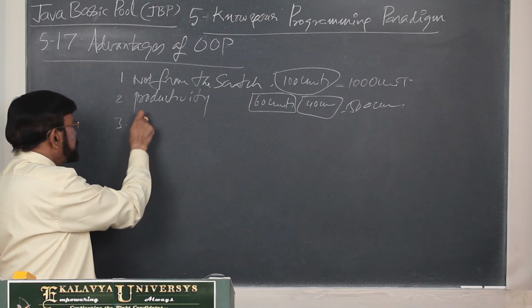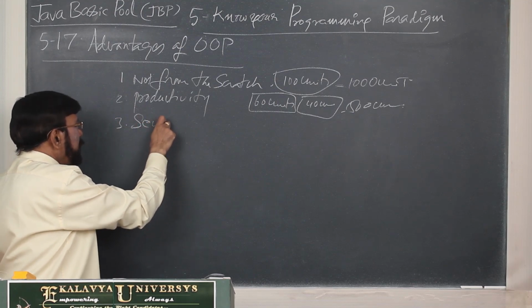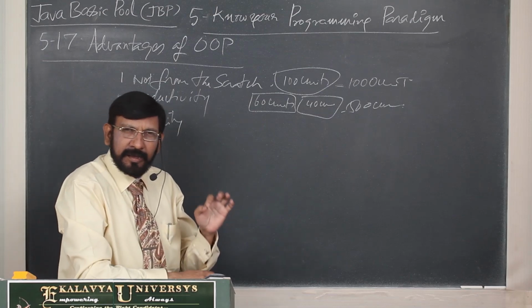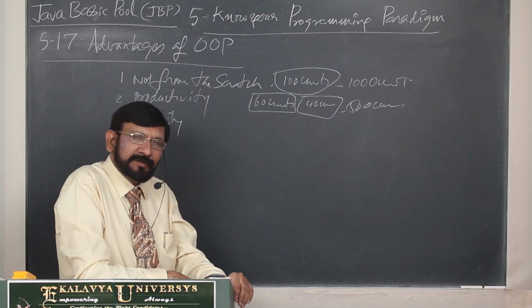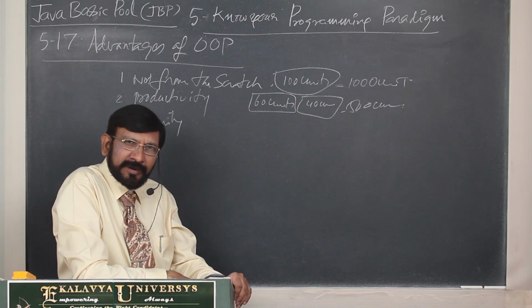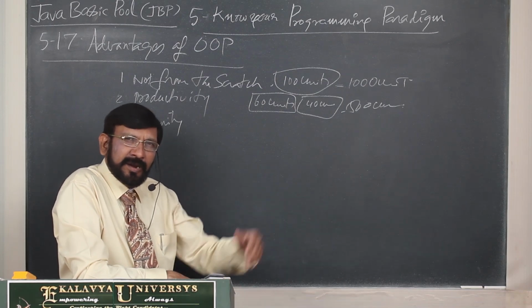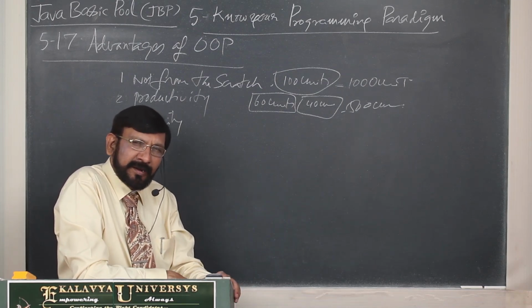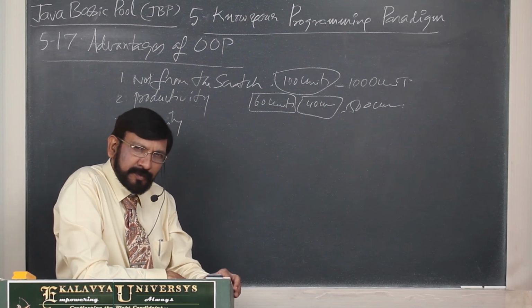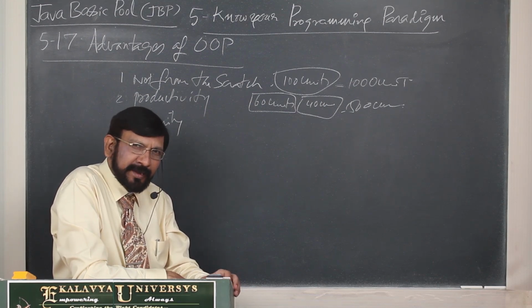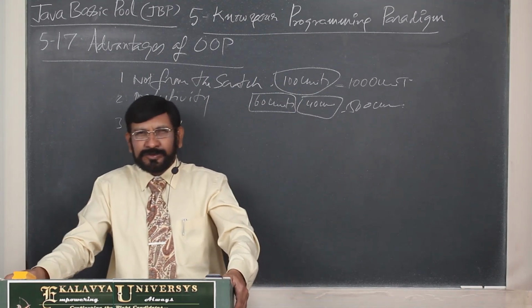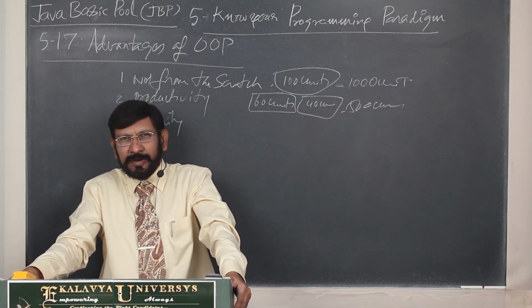Third one is security. Actually, security is a vital purpose. If security is not there, then you cannot rely on the system. People are not interested in using such systems. Suppose everybody is using bank ATMs, and in bank ATMs there is no security for your money.